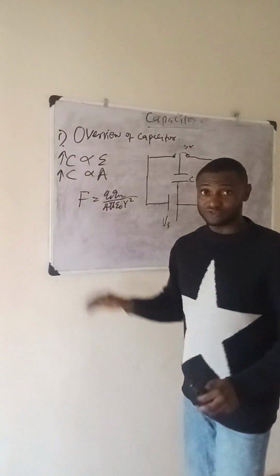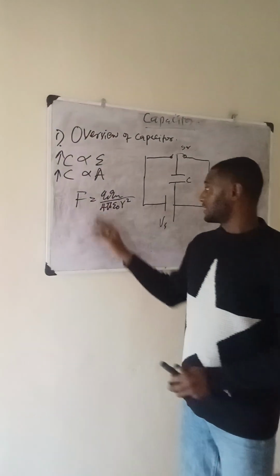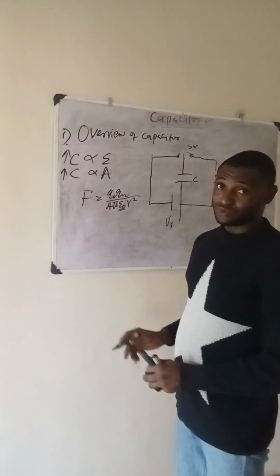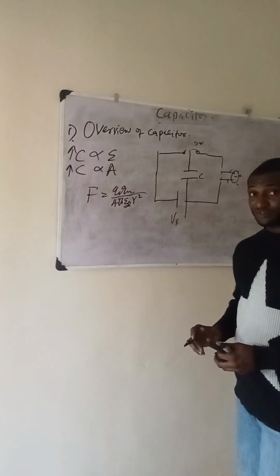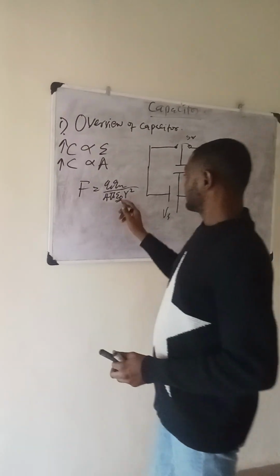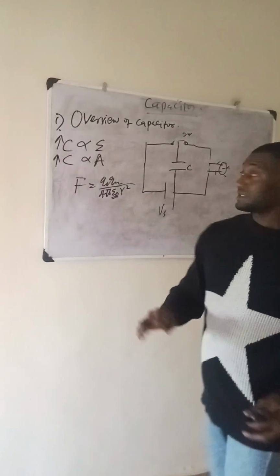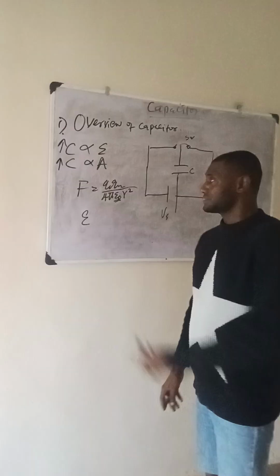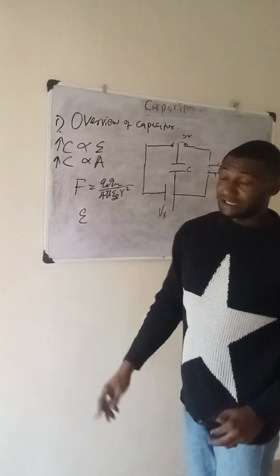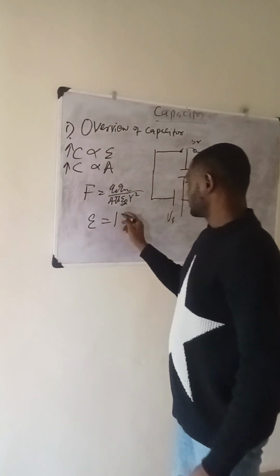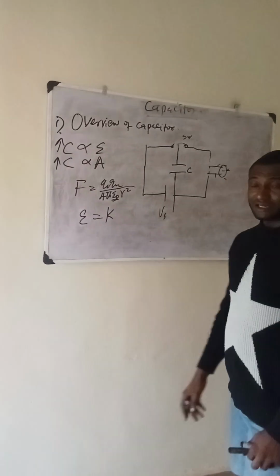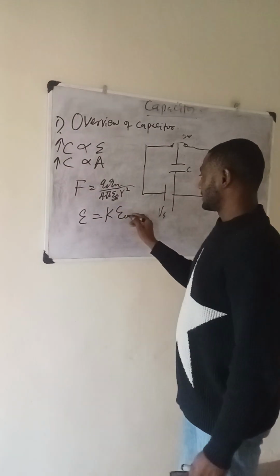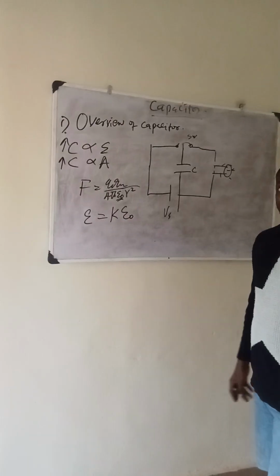This is given to us by Coulomb, and then you see that there is what we call the permittivity of free space. This can be related by denoting that the permittivity of a dielectric material, epsilon, is equal to the relative permittivity K multiplied by the permittivity of free space.